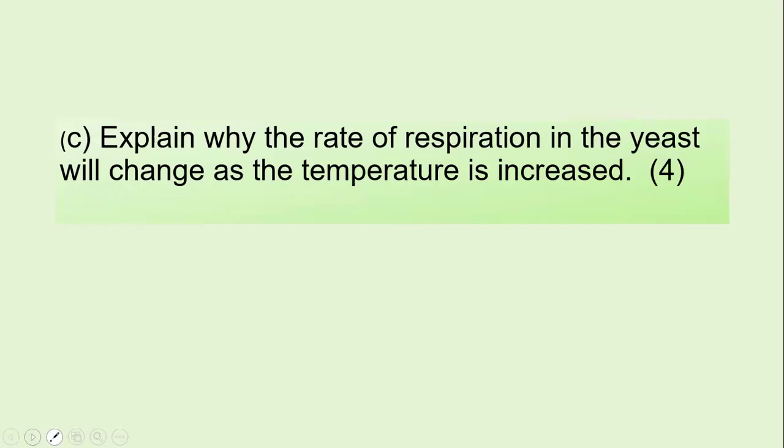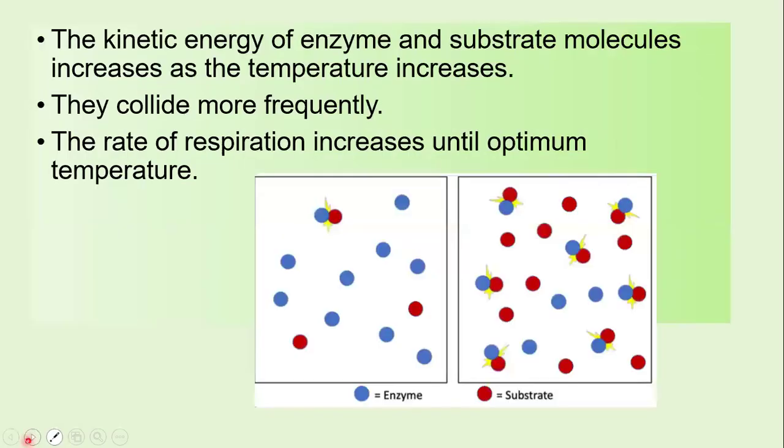So the glucose and this enzyme gain kinetic energy, and the kinetic energy of these enzymes and substrate increases as the temperature increases. So they collide more frequently. Here, this is the enzyme and this is the substrate. When temperature increases, the kinetic energy increases in these molecules and they collide more frequently.